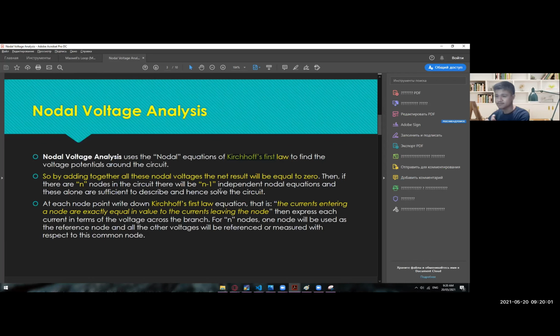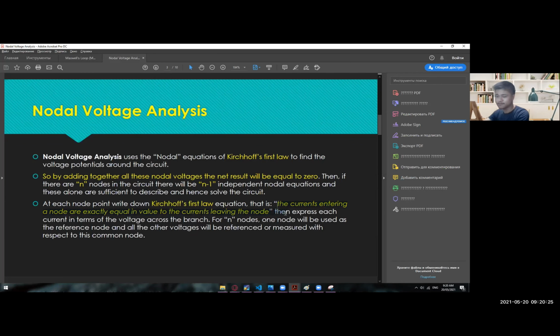Nodal voltage analysis uses the nodal equations of Kirchhoff's first law, or KCL, to find the voltage potentials around the circuit. By adding together all these nodal currents, the net result will be equal to zero, from the first node to the second node to the third node and so on. At each node point, write down Kirchhoff's first law equation.